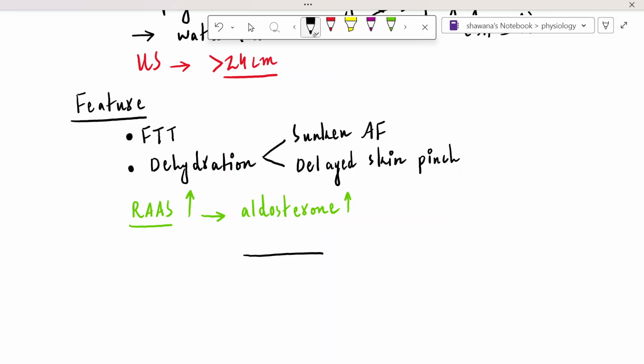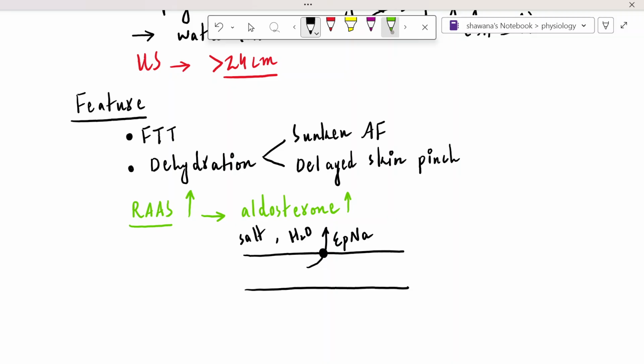Epithelial sodium channels in the collecting tubules of the nephron. When aldosterone acts on these channels, it will cause water retention as well as salt retention. It means that the aldosterone tries to conserve water, it tries to conserve salt.